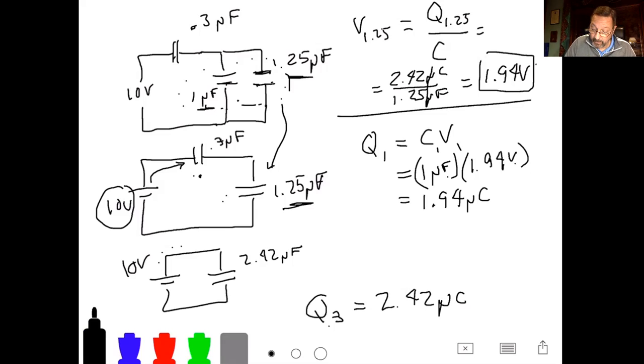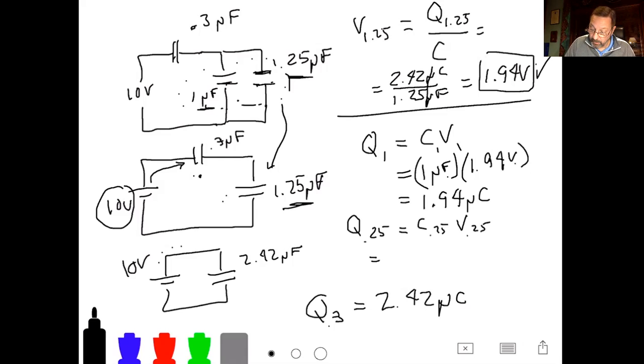On the other hand, the charge on the 0.25 microfarad capacitor is the capacitance of the 0.25 microfarad capacitor, 0.25 microfarads, times the voltage across the 0.25 microfarad capacitor, which is still 1.94 volts.